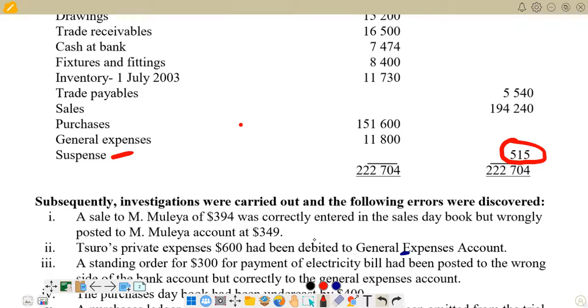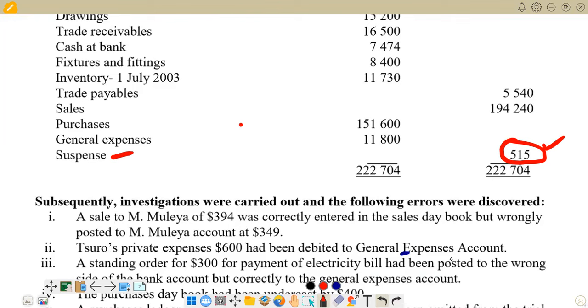So when it is like this, we just carry this amount and put it on the credit side of the suspense account as a balance BT. We start with this balance in the suspense on the credit side, since it's on the credit side on the trial balance. But in other questions, you will be given the totals, maybe the total of the debit was this, and the total of the credit was that.